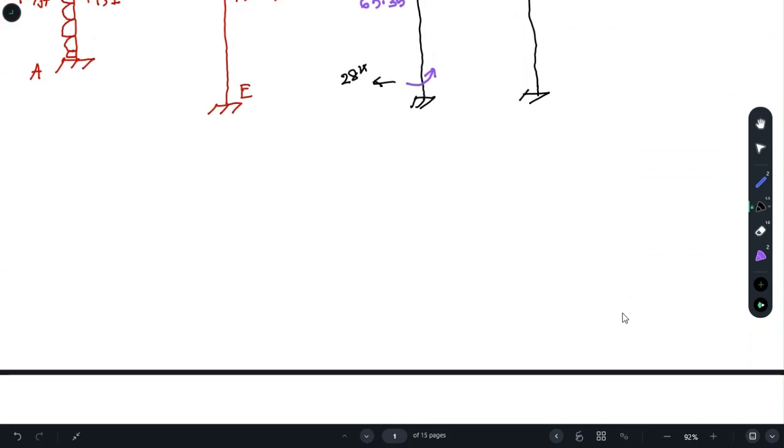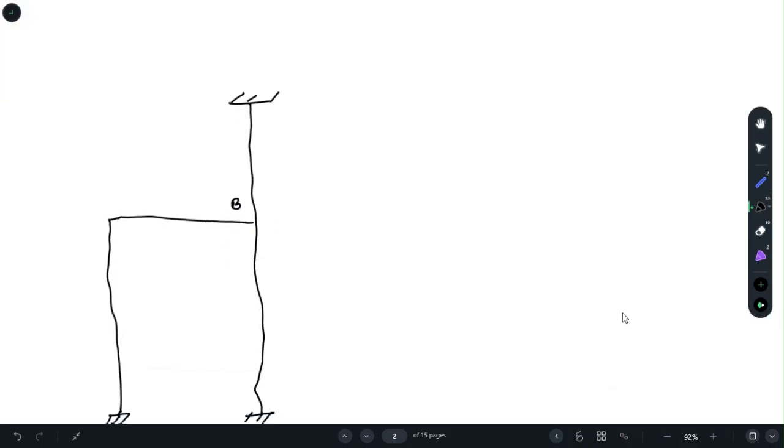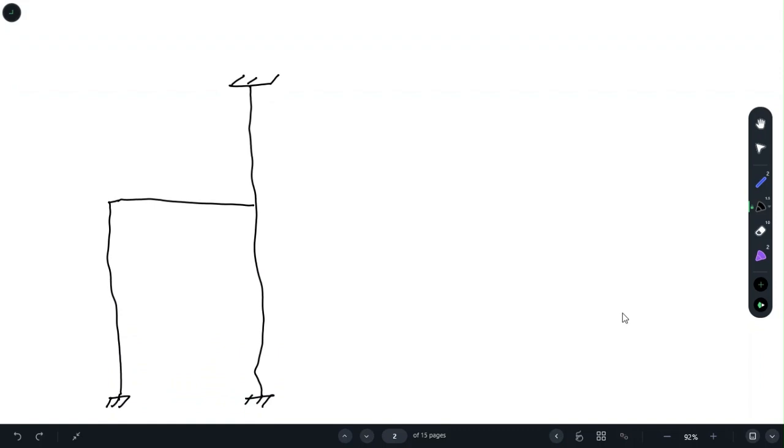No, not B. The point is C. So this is C and this is B. It will move laterally. Let's say it will come to this point after lateral displacement. So B will move this way, up to this point, an exaggerated drawing.